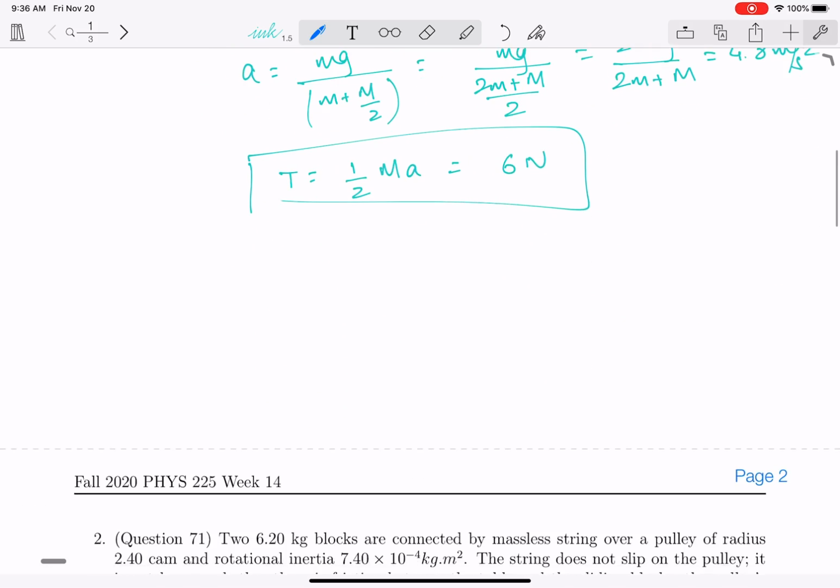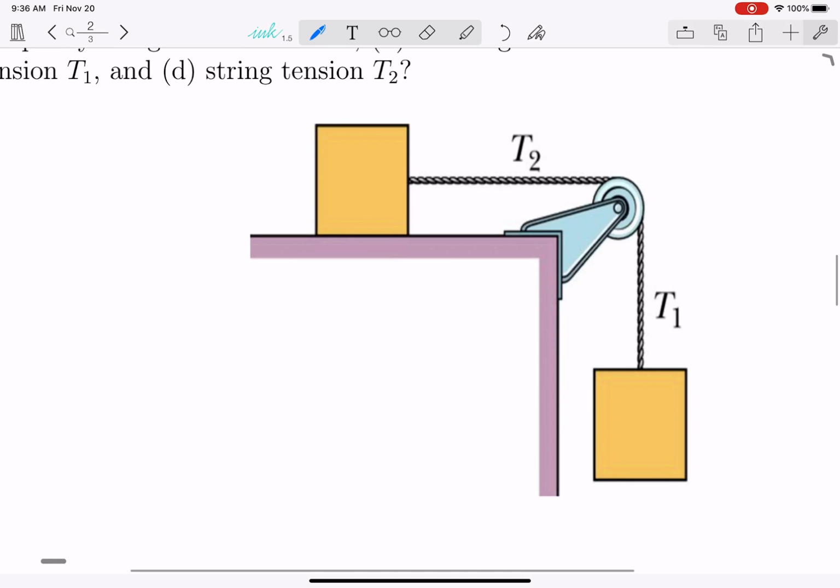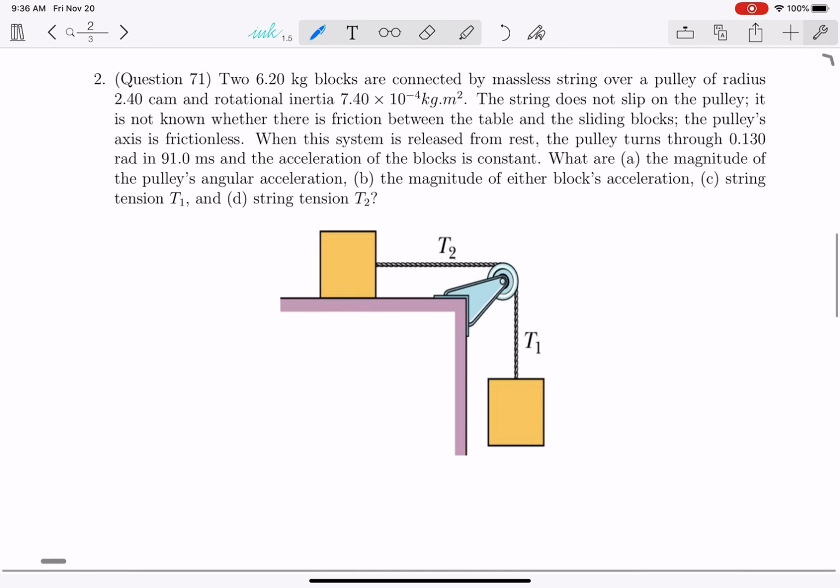All right, the next question here. Two 6.2 kilogram blocks are connected by a massless string over a pulley of radius 0.024 meters and rotational inertia 7.4 times 10 to the power negative 4 kilogram meter squared. Why are there so many errors here. The string does not slip on the pulley.